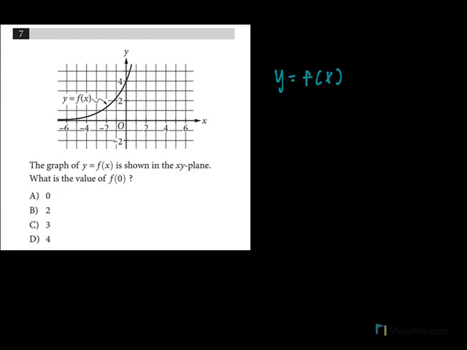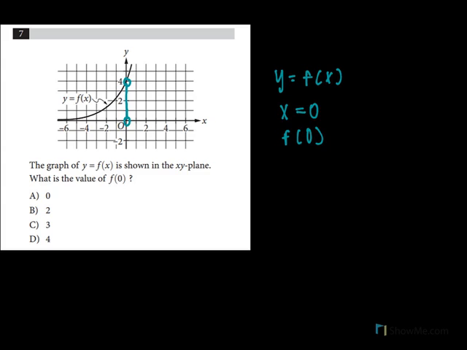So now we just look at what point y is when x equals 0, because we're asked for f of 0. So simple enough, all we do is just mark the point 0 and see where the graph hits the line. So our graph hits x equals 0 at y equals 4.